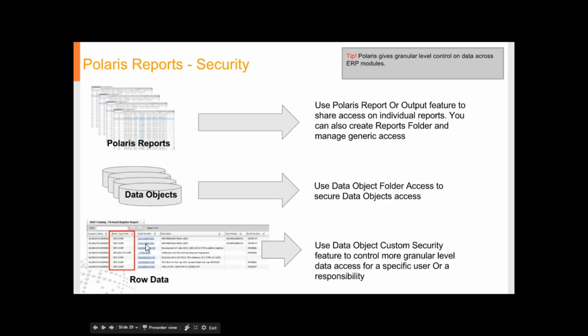Out of these three levels of security, you will be able to manage this one. However, these two items will be managed by IT teams. That's my recommendation, because if we open up the data objects, it requires administrator access, and the same goes for raw data. If you want to manage the row level access inside the data object, then it requires an administrative privilege.